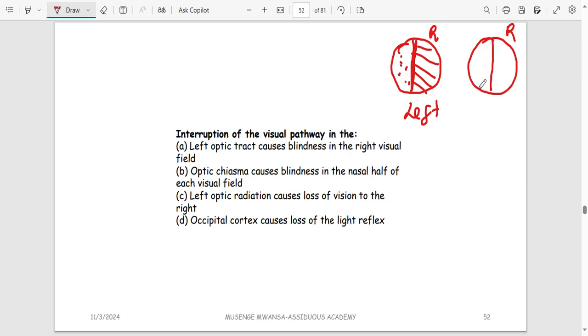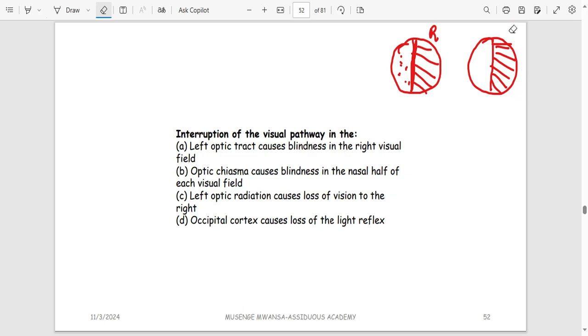Oh, I see why. It practically makes sense what the doc is saying because the entire field here we are calling a right visual field. This is the left visual field. So if we just say right visual field, we are meaning the entire of this eye. Hope we get what the doc is trying to say. So we didn't even actually talk about this.